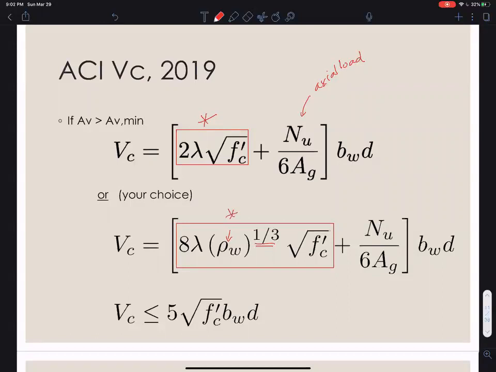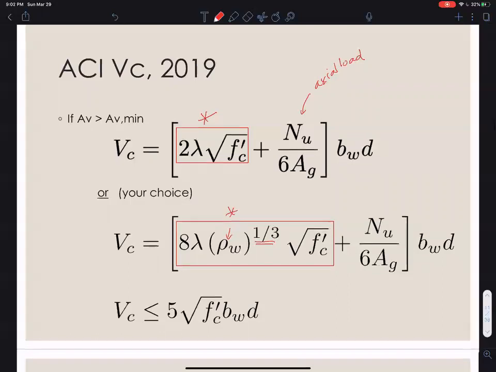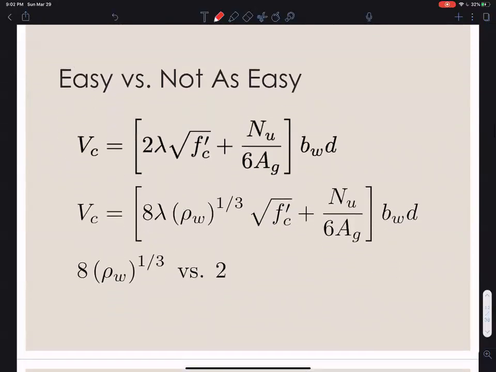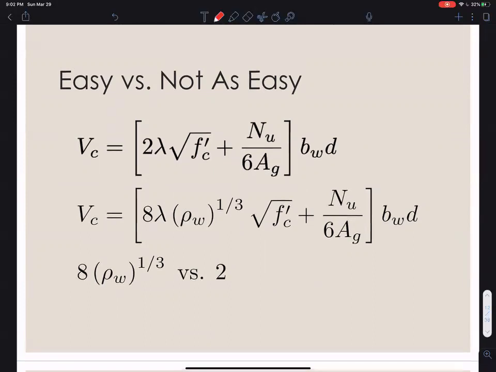So I want to talk about this a little more. It's a function of how much steel is in your beam. And so I want to look at the comparison of these two. And what it boils down to is you have this right here, 8 rho to the 1/3 versus 2.